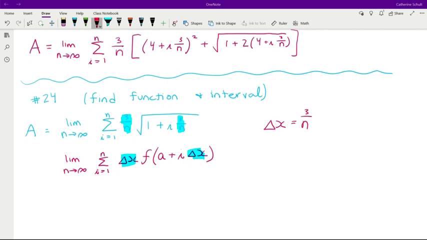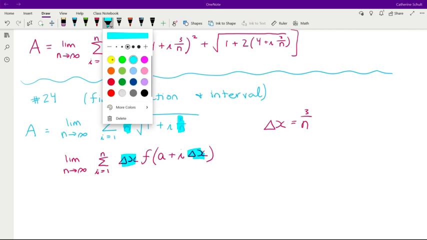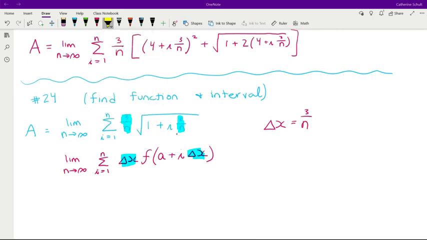Okay, we can also figure out where the starting point is. We have that up here, i times 3 over n, i delta x is being added to the a. So we also know then that a is equal to 1. So that's good.